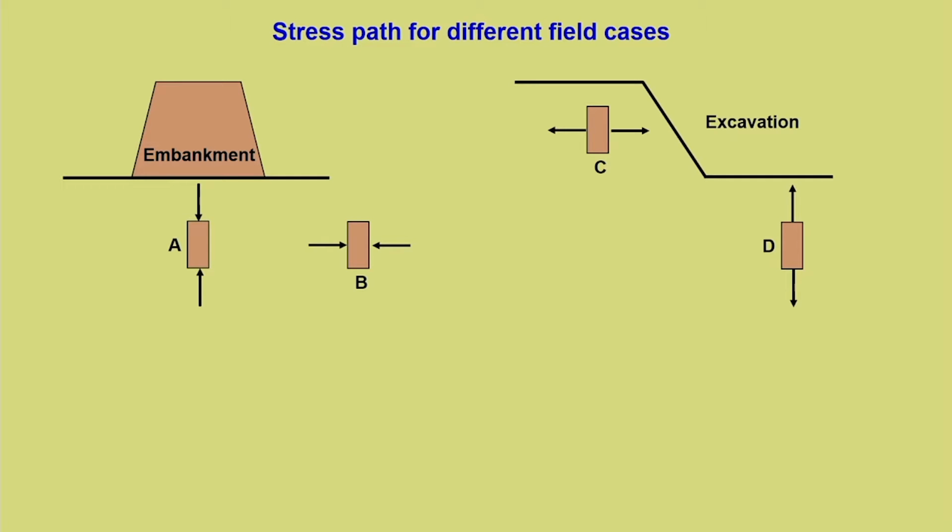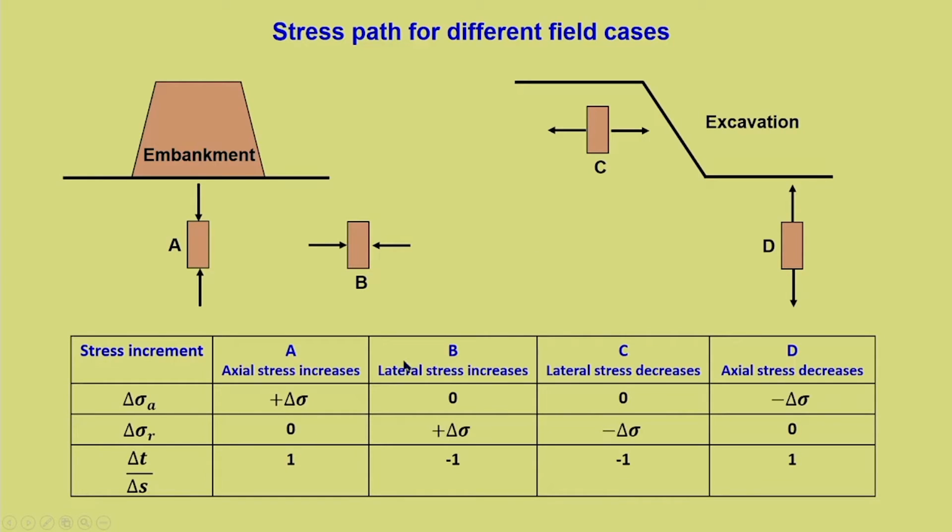Okay, so, let us summarize these cases A, B, C, D into a table. Here the stress increment, whether it is delta sigma A or delta sigma R, is stated, and once we know delta sigma A and delta sigma R, we can find out delta t by delta s, and now we will be typically using the t-s-s' plot.